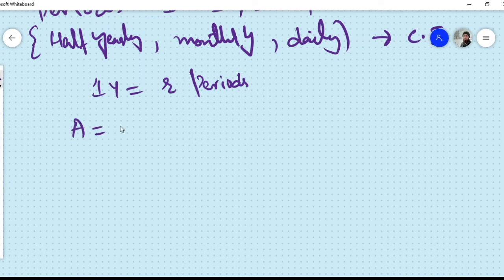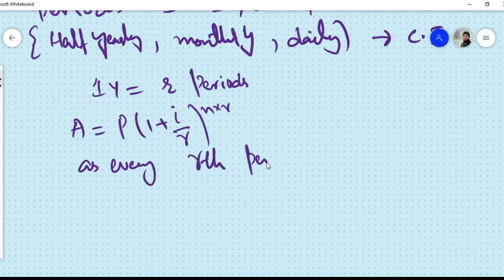So then the formula is A equals P into 1 plus i or r divided by 100. Here we are talking about A is equal to P into 1 plus i divided by r, the whole power n into r, where r is the number of times it is repeated.